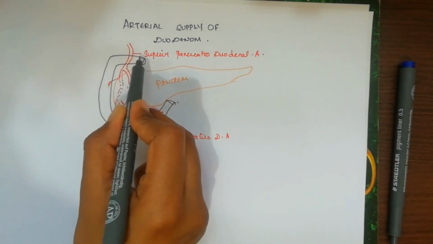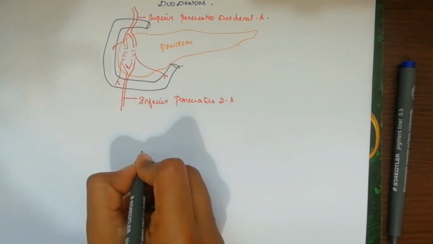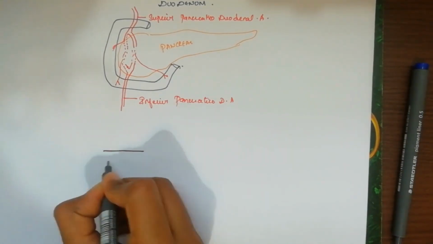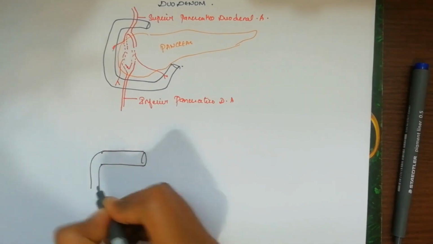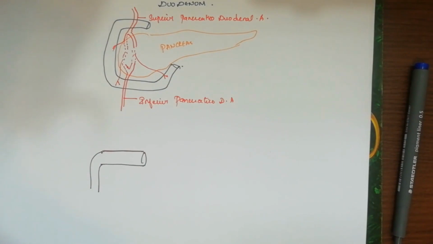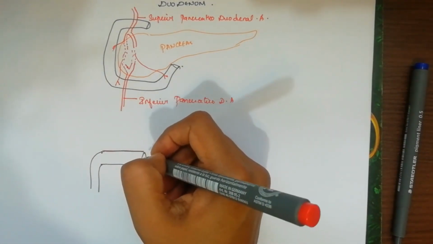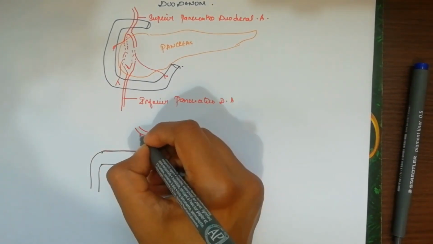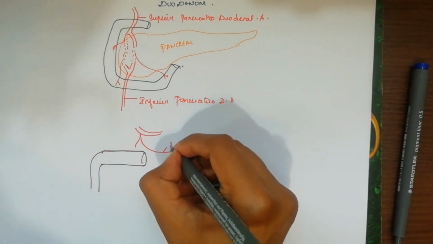The first part is peculiar because it gets its supply separately from end arteries. Here we have an artery called the gastroduodenal artery. The common hepatic artery gives the gastroduodenal artery and the right gastroepiploic artery.